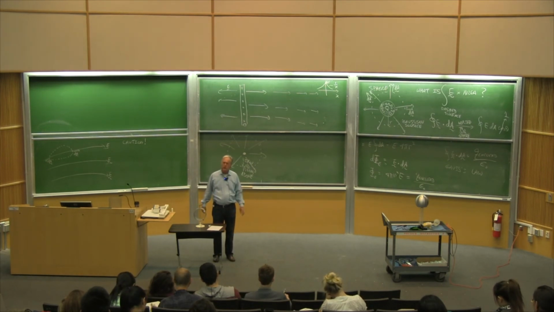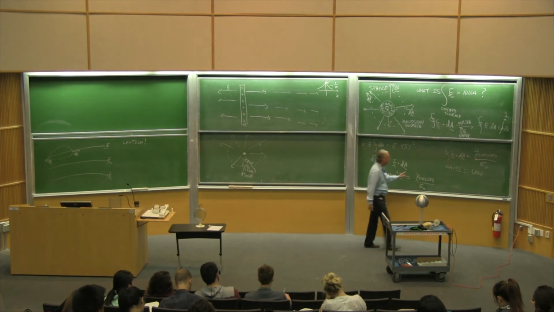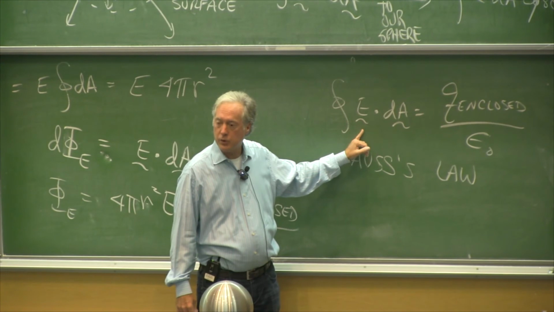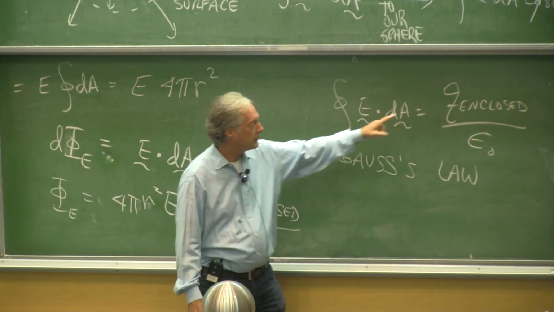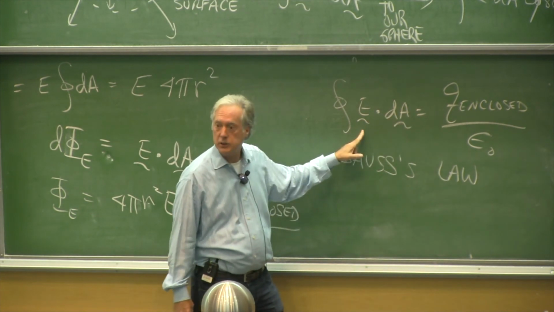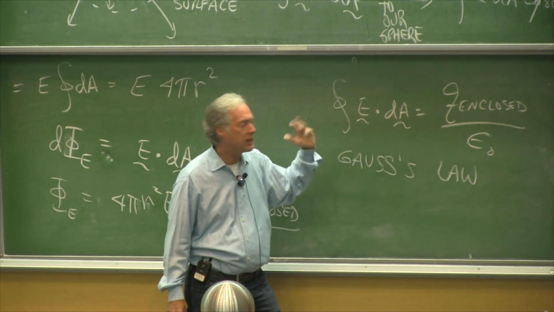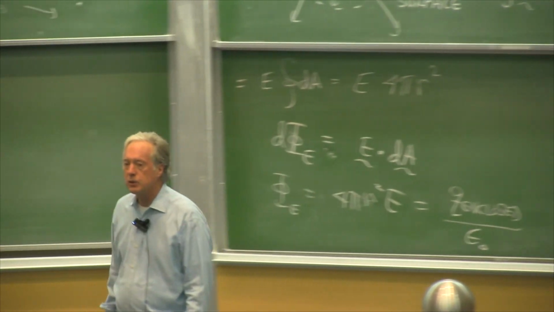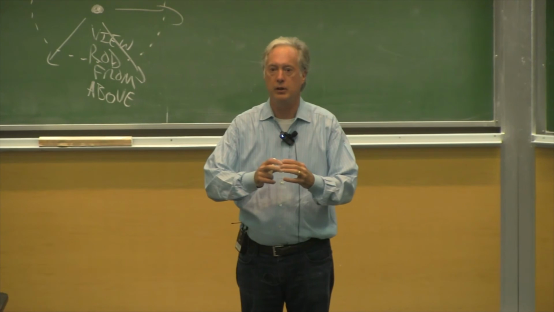But the electric field is not 0. This is telling you, in Gauss's law, not the magnitude of the electric field, but the flux through the surface. This law is saying that electric charges make electric fields. That's the word's interpretation. Electric charges make electric fields. But the electric field doesn't have to be 0 if there are no charges enclosed.